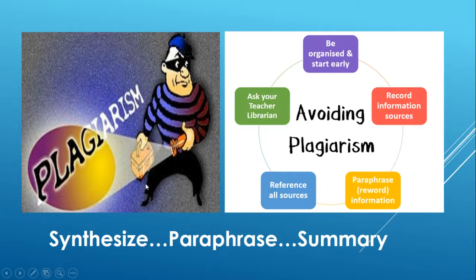Okay, that's very important. Also, I mentioned summary before. Summary is when you read an article and you pick up from that article maybe 10% of what that article is. So if you have an article that is only one page and you turn in half a page, something's wrong.